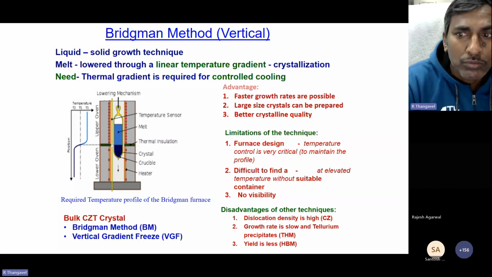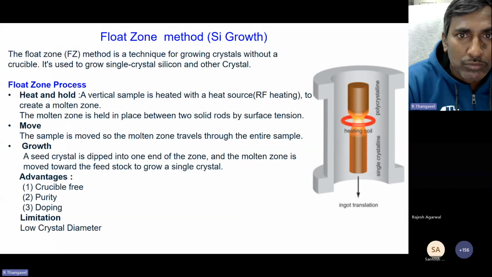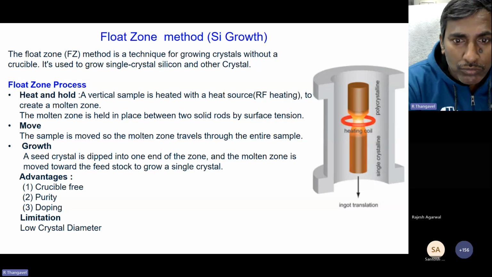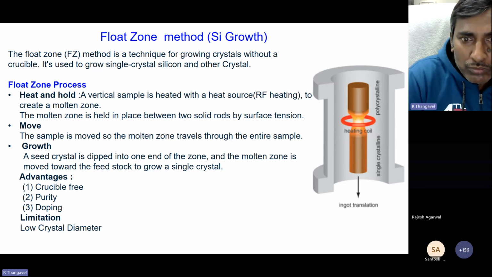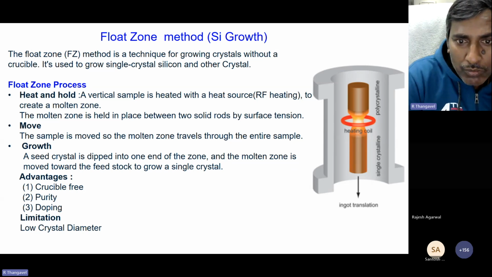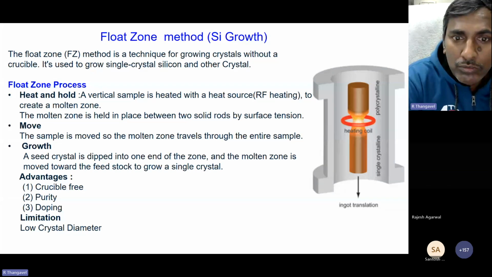Now float zone. In the float zone method, what happens? It is a technique of growing the crystal without a crucible. The single crystal can be grown. There is a single polycrystalline silicon rod, and an RF heating coil is kept at the center, and one can create a molten zone. A molten zone is held in place between two solid rods by surface tension, and the rod is moving.